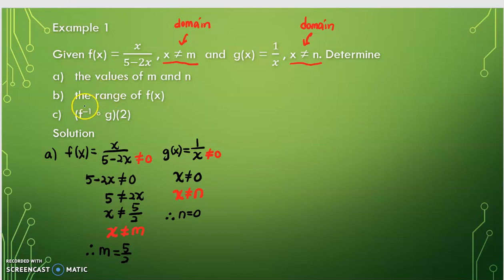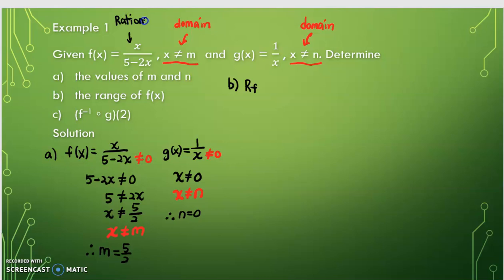Question B, find the range of f(x). So since this is a rational function, if you still remember on the topic of range of rational function, B, range of the function f, where f is a rational function.